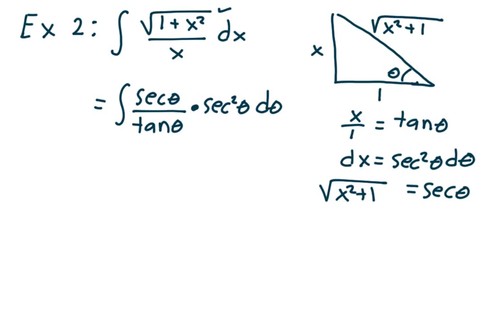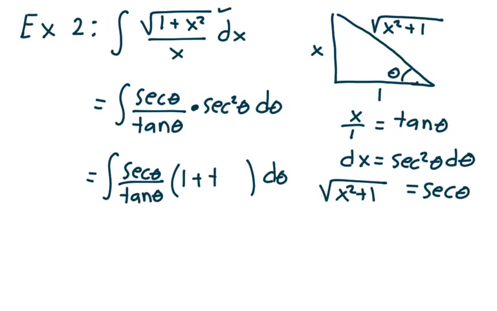Now, this one's a little more interesting because what I'm going to do is write this as secant theta divided by tangent theta, and then secant squared theta can be replaced with 1 plus tangent squared theta, and then you're integrating with respect to theta.